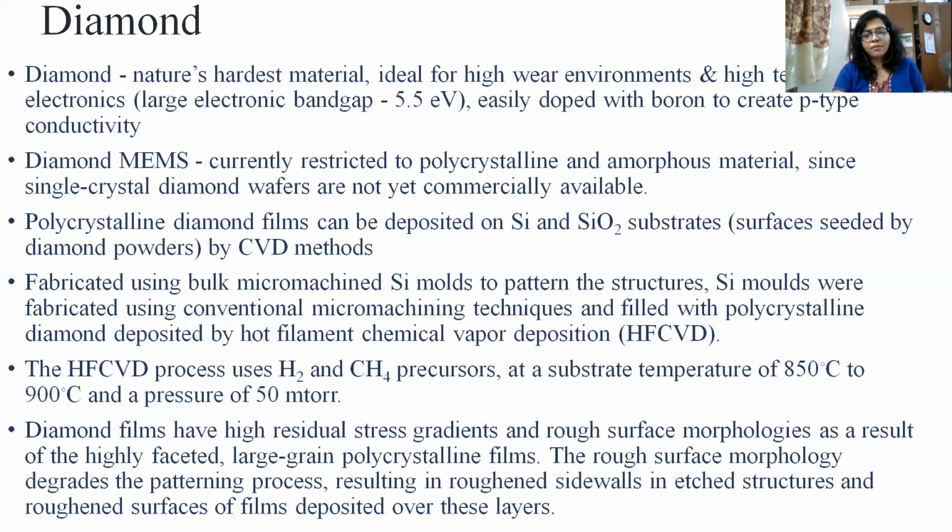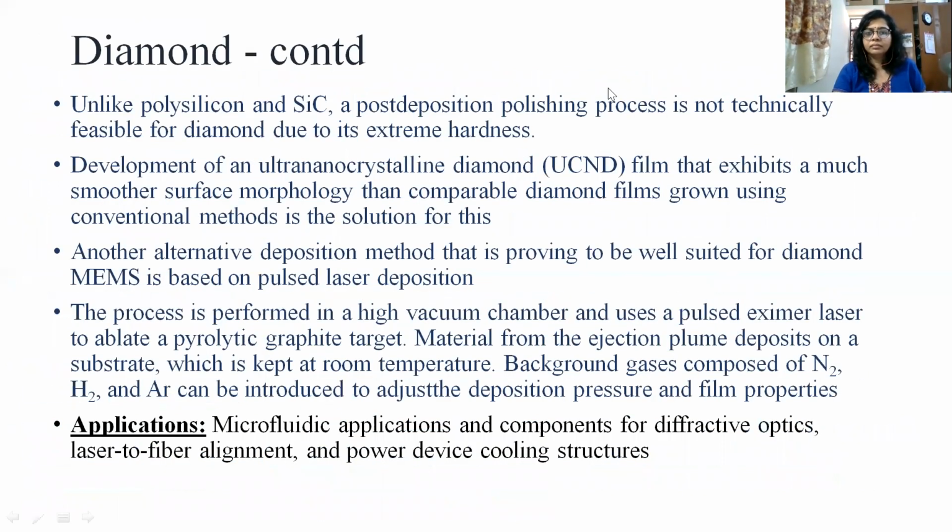The rough surface morphology degrades the patterning process, resulting in rough sidewalls in etched structures and a rough surface of the film deposited over these layers. Unlike polycrystalline silicon and silicon carbide, a post-deposition process is not technically feasible for diamond due to its extreme hardness.